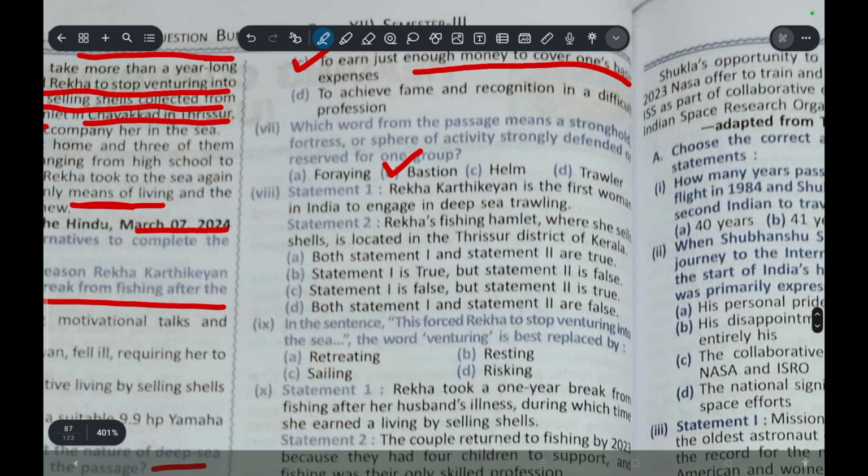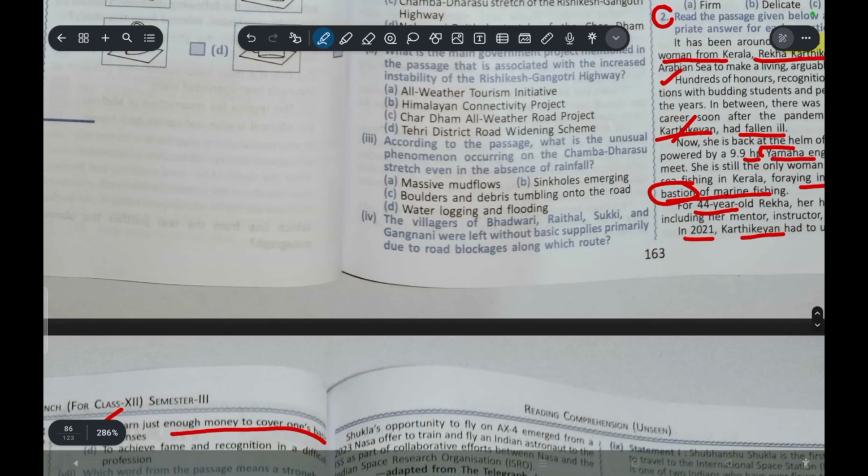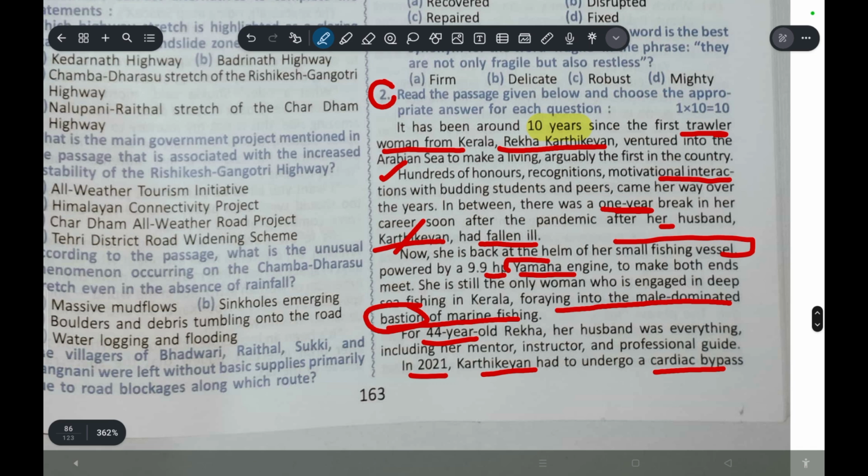Next question. Statement 1: Rekha Karthikeyan is the first woman in India to engage in deep sea trawling. Statement 2: Rekha's fishing hamlet, where she sells shells, is located in the Thrissur district in Kerala. First woman in India to engage in deep sea trawling. Let me check. First Tamil woman in Kerala ventured into the Arabian Sea to make a living.